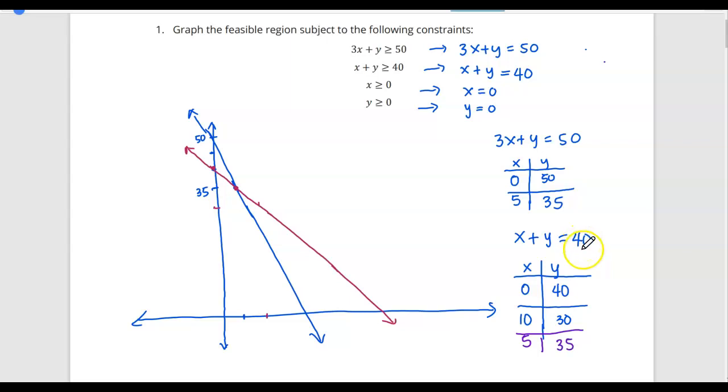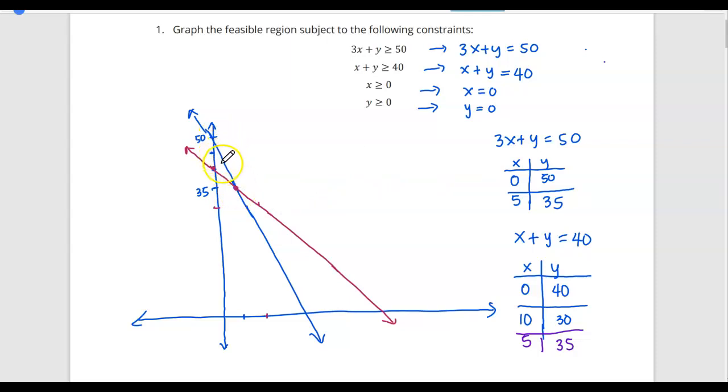Notice that (5, 35) is on both linear equations. So therefore we say that the point (5, 35) is the intersection point of the two lines here. Or you can also solve the two lines using a system of linear equations. But anyway, this is the point here, that's the intersection.